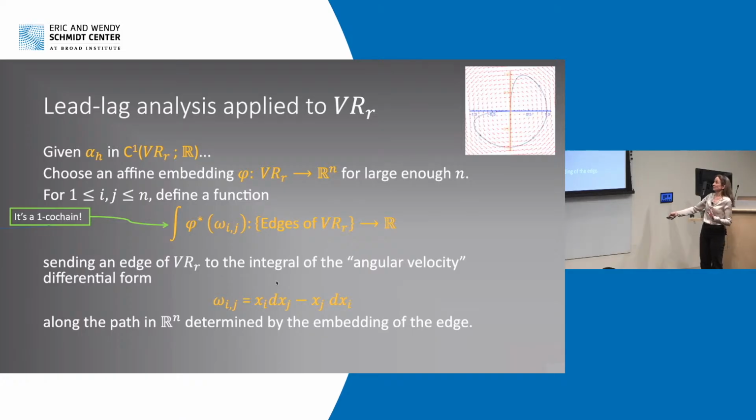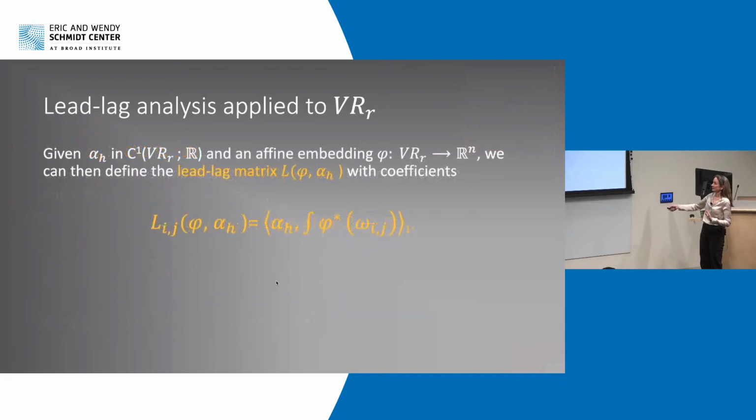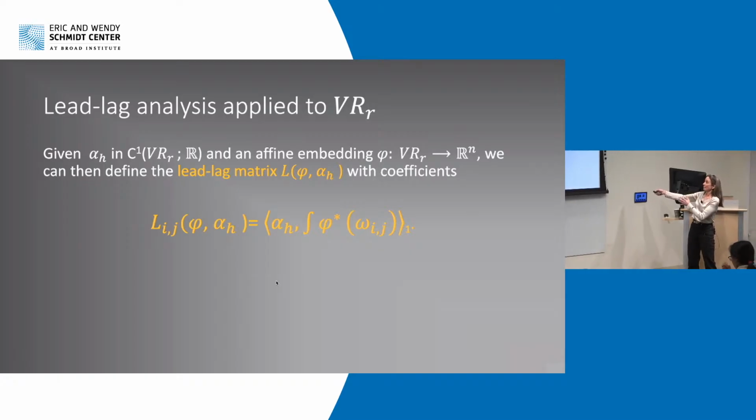How does alpha H come into the story? All right, so I have my alpha H, I have my affine embedding, and now I can define a sort of generalized lead-lag matrix as follows. I'm going to say the ij-th coordinate is given by taking the inner product of alpha H and this one-cochain.